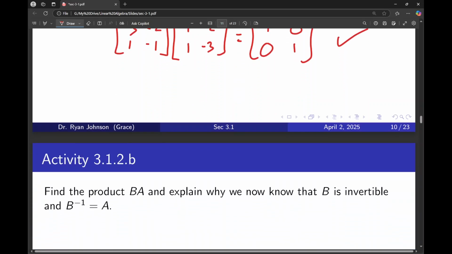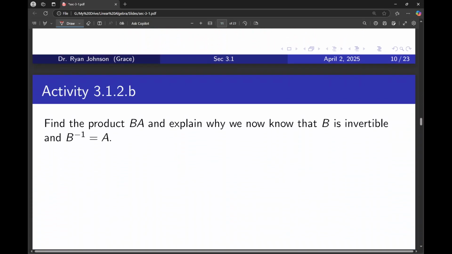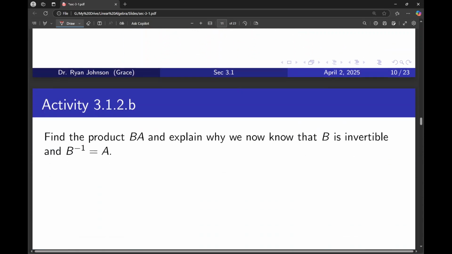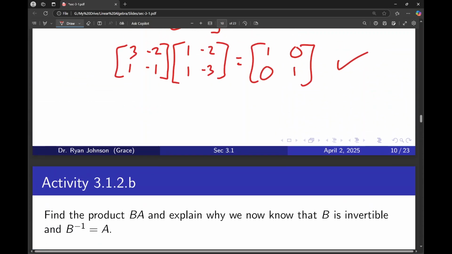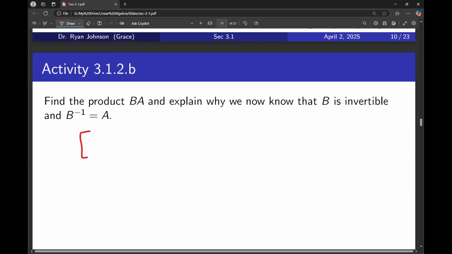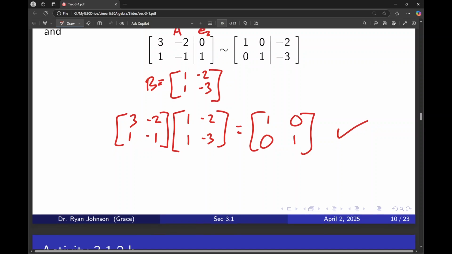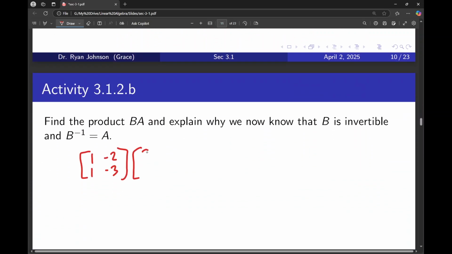So yes, this new matrix B undoes what matrix A does. Okay, now for part B, find the product BA and explain why we know that B is invertible and that B inverse is A. So let's do the opposite order. My matrix B was 1, -2, 1, -3, times A, which was 3, -2, 1, -1.